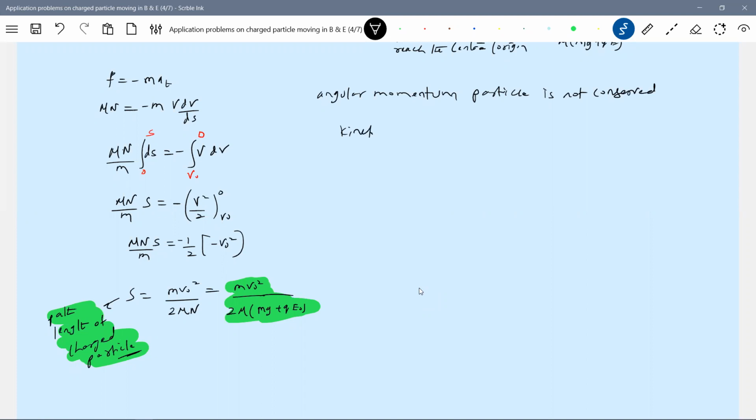It's also not conserved. Why is it not conserved? Because the tangential force is acting, no? And we know angular momentum equals m v r of a particle, and continuously the speed is varying, r is also varying. Therefore, as the net torque is non-zero, even the angular momentum I can ask you.